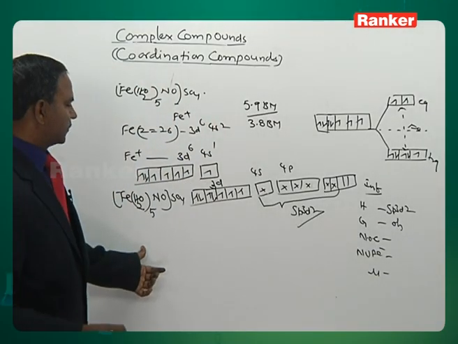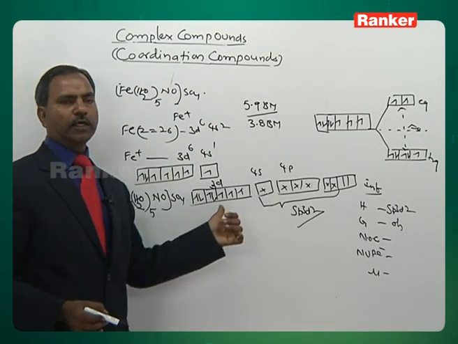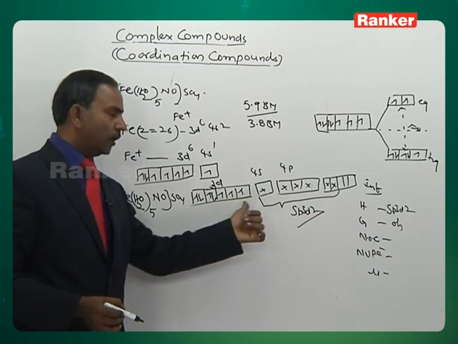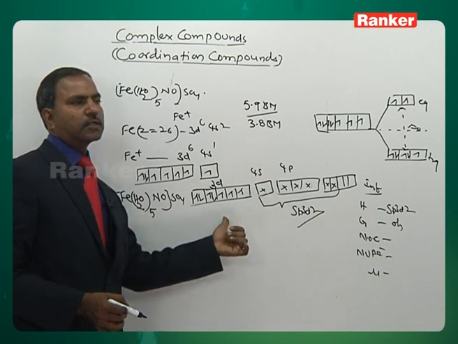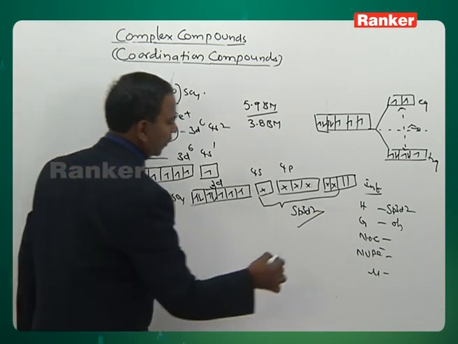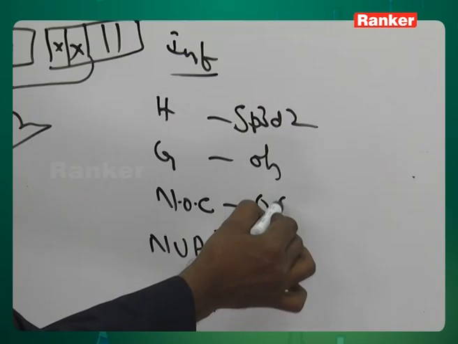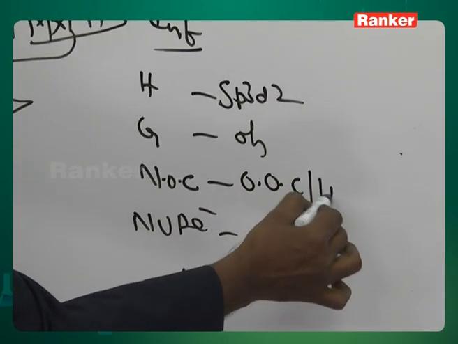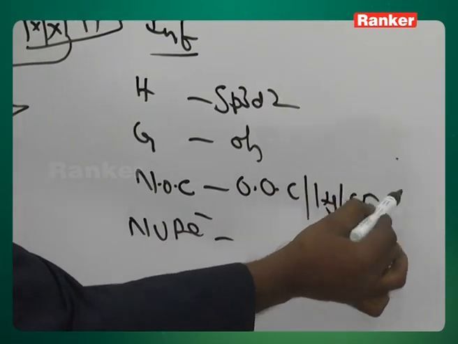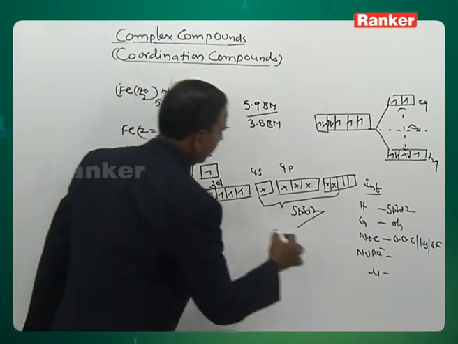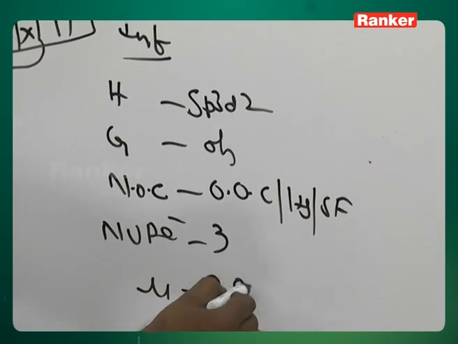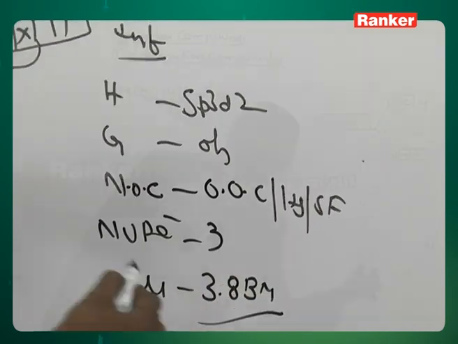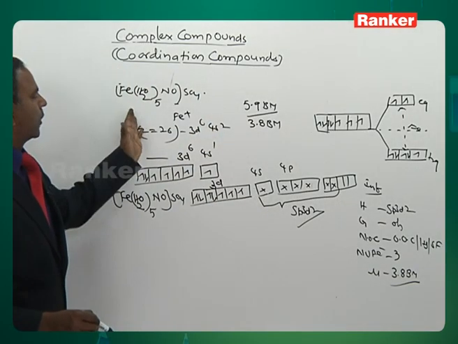One electron from s is shifted to d, we agree, but still there is a choice for pairing of electrons, but these electrons are not getting paired. Therefore, write this is an outer orbital complex, high spin, spin free, number of unpaired electrons 3, magnetic moment 3.8 BM. This is the information about the brown ring complex.